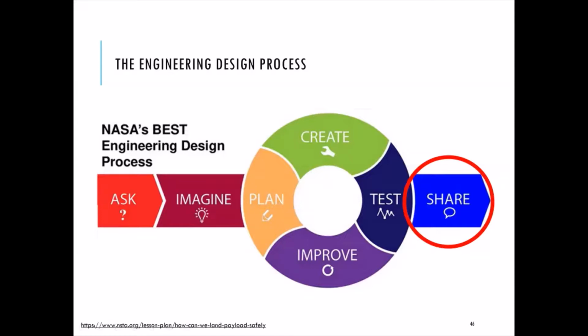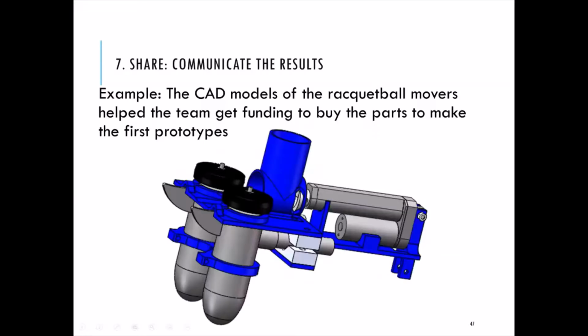But once you have done enough testing or you run out of time and you need to show your final product, you can share it. You want to communicate the results. And again, you don't have to wait to the very end to communicate results. Sometimes you want to give a report on the progress, to show what you've done so far.